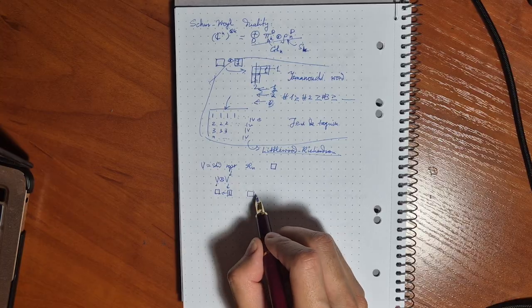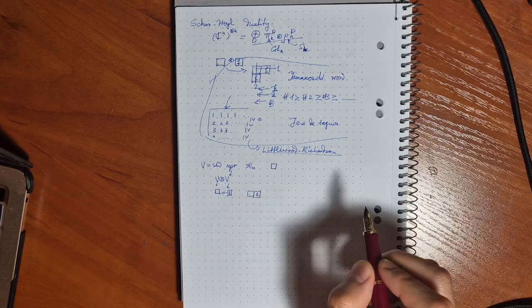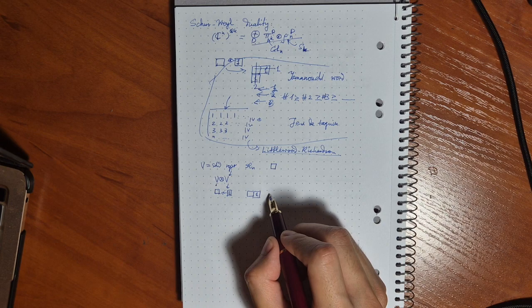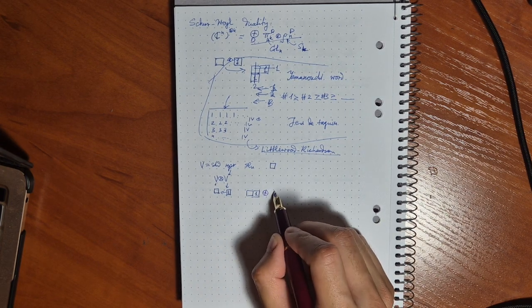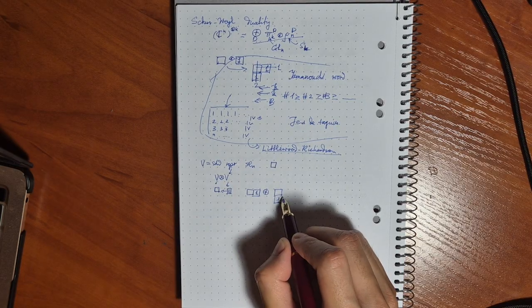So what we have is something like this. This is one type of allowed append, and we have a direct sum.